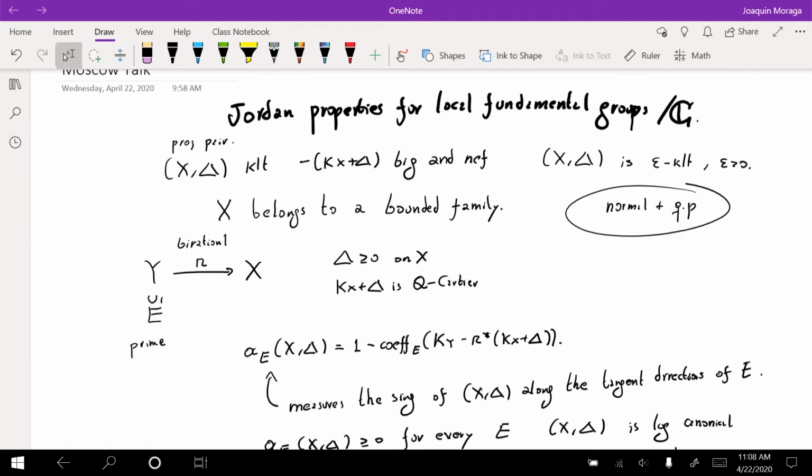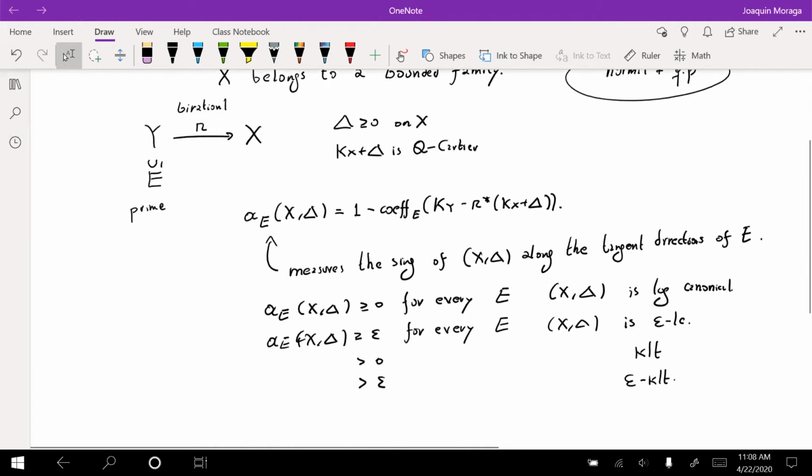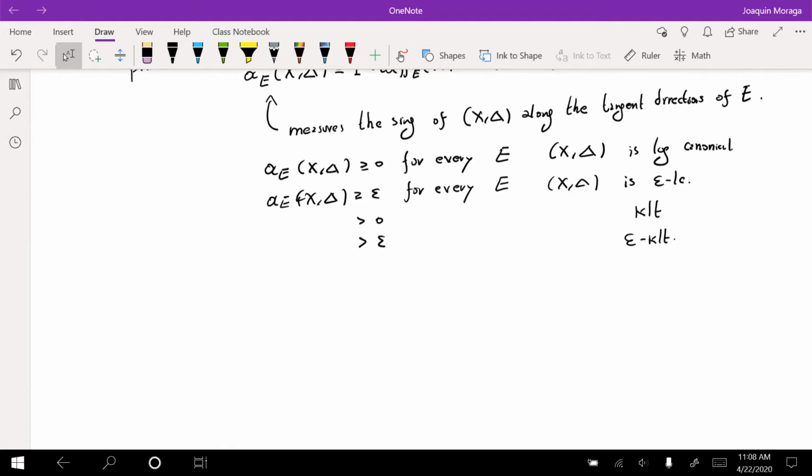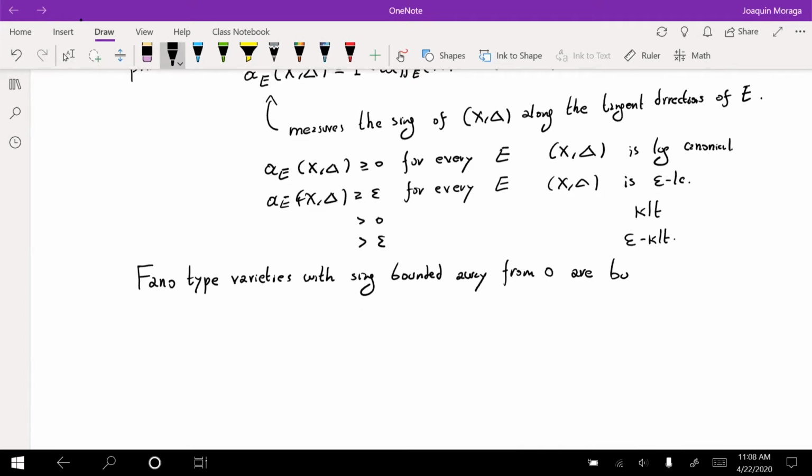So essentially, what Birkar proved in this BAB conjecture is that Fano varieties or Fano-type varieties with singularities bounded away from 0 with respect to discrepancies are bounded. So essentially, you can put all of them in a projective family.